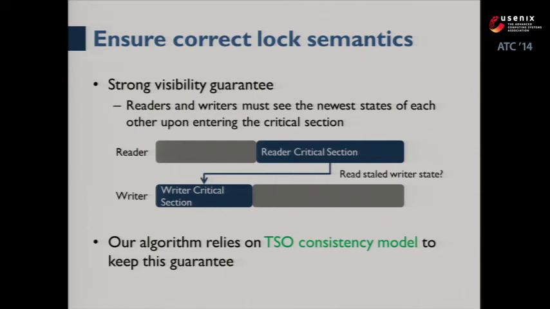If the reader could read stale data that the writer had modified in its critical section, it would violate the read-write semantic. So our algorithm relies on the TSO consistency model to keep this guarantee. The TSO consistency model is well adopted on many processors, such as x86, SPARC TSO, or IBM Z series.